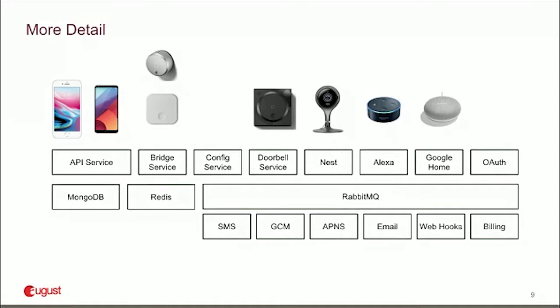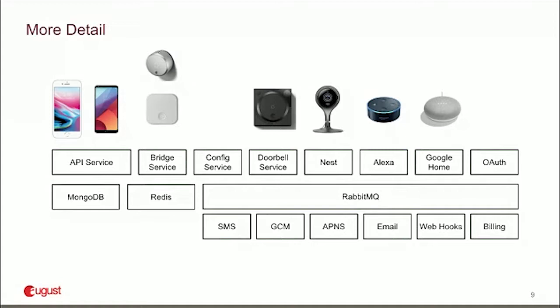The doorbell service has its own very similar set of things, where it's communicating that it's recording video and getting information about where to store that recorded video in the cloud and various other operational parameters.